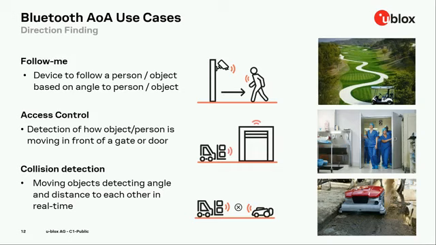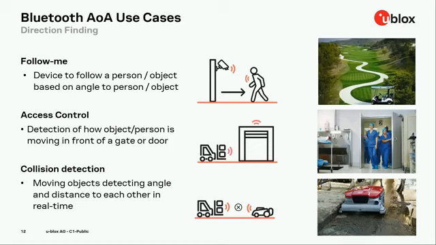The first one here we call Follow Me. This is a device that follows a person or an object based on the angle to the person or the object. So this could be a video camera that follows a person moving in front of it. It could be a golf cart that follows the player on the course.